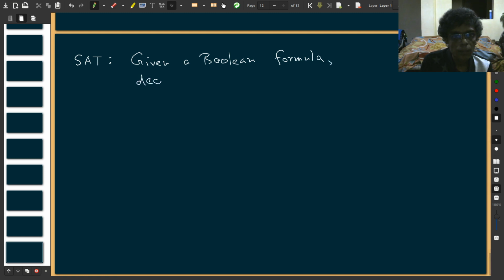Okay, so now I define our computational problem, SAT. Given a Boolean formula, decide whether the formula is satisfiable or not.